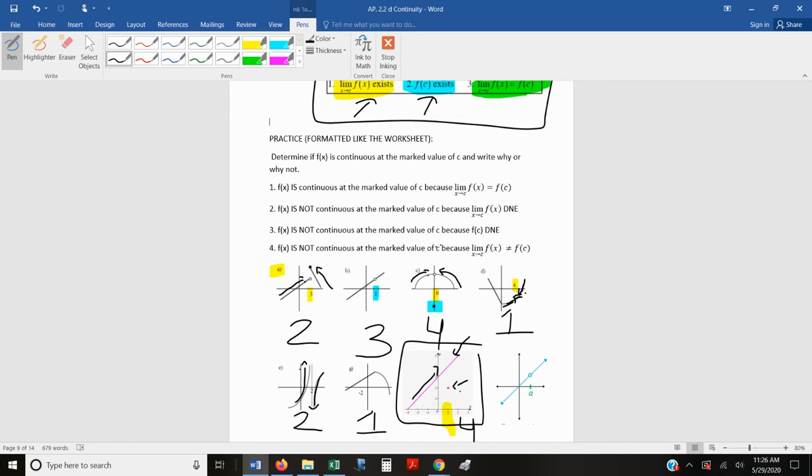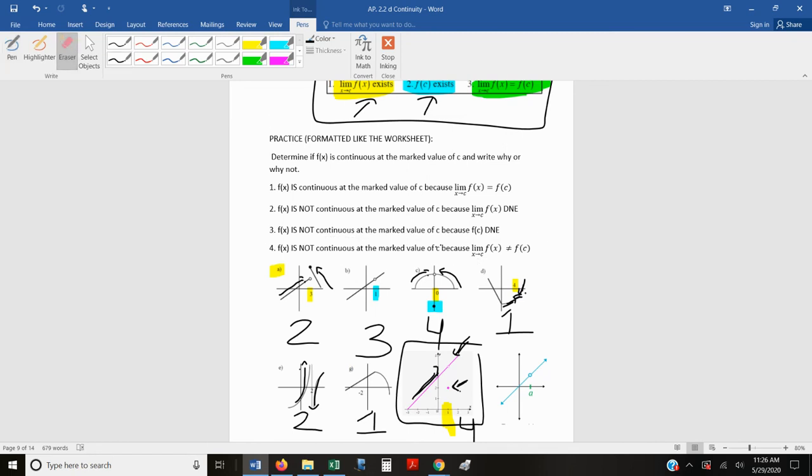And that is not true. So you have the limit up here, around 4 or something, and the output is 2. So that's going to be number 4. We don't have continuity at x equals 1 because although we have a limit and although we have an output, they're not equal to each other. So that would be the calculus reason you would give for this graph not being continuous at x equals 1.